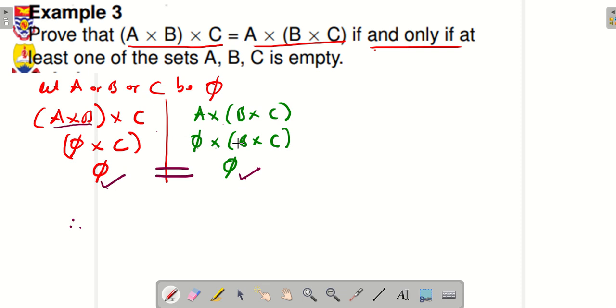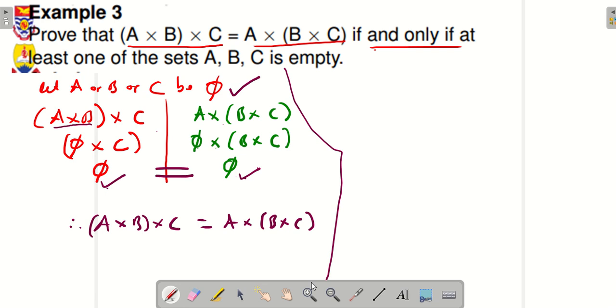Since the two sets are giving us empty sets with the assumption that one of them is an empty set, we conclude that, therefore, (A × B) × C is equal to A × (B × C), based on this given assumption that A or B or C is an empty set. So that is the proof.